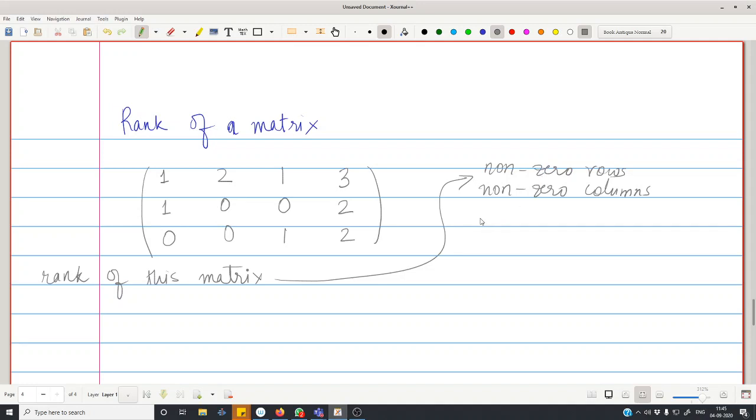It is the dimension or the size of the largest submatrix which is not singular, which is non-zero, that is, its determinant has to be non-zero. Yes.